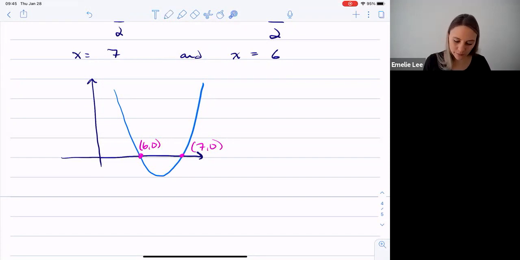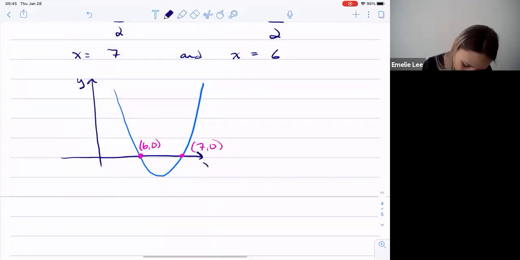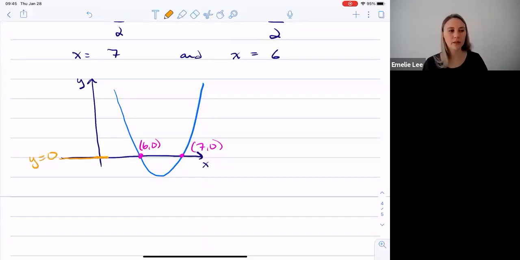Yeah, so the equals 0, here, I'll just make a note here. This is your y-axis and this is your x-axis. Maybe I'll use this color here. On the x-axis, y is equal to 0, right? And so here, y is equal to 0.